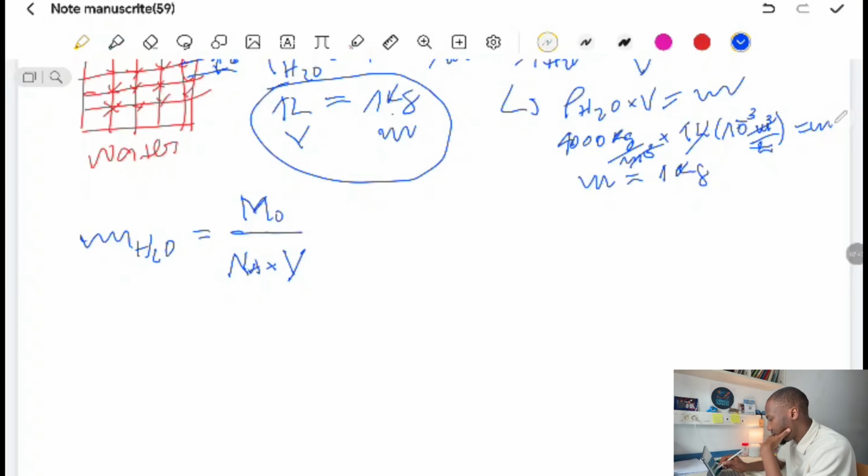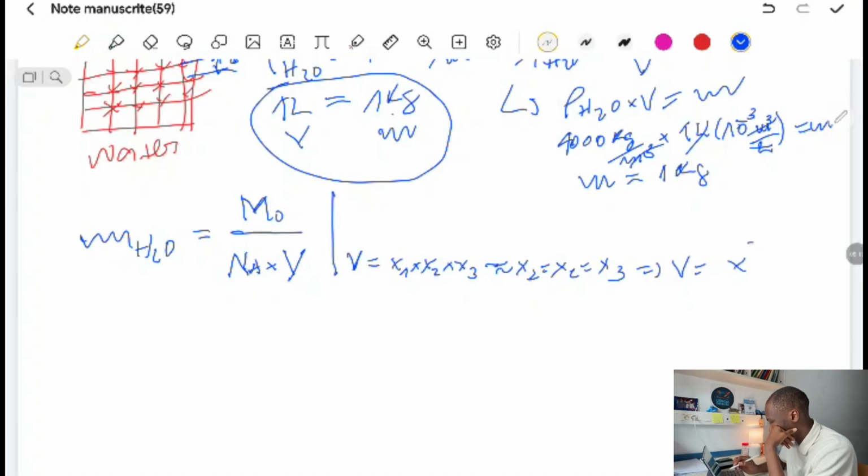And we know as well that the volume is equal to x1 times x2 times x3, which if we assume that it's a cubic meter, which we assume here, then we'll say that x1 is equal to x2 is equal to x3. So this gives us that the volume is equal to x to the power of 3.